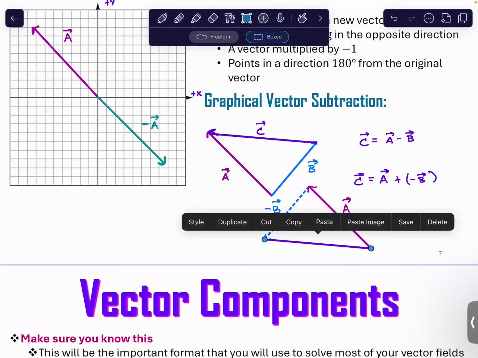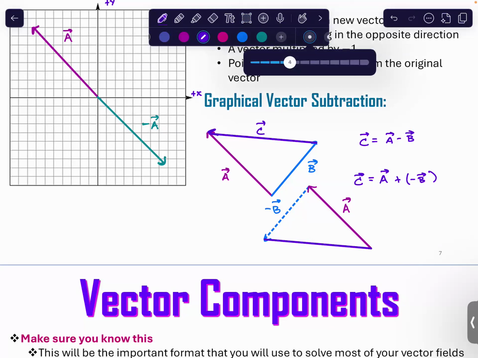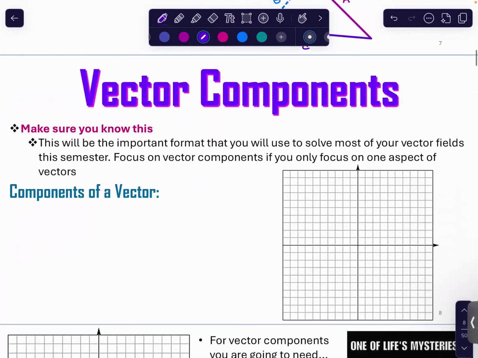And so now you see we've gone from the tail of the first vector to the head of the second vector, or the last vector, and that's going to be your vector C. So since we've gone from the tail of the first vector to the head of the last vector, this is now a vector addition, but it's A plus the negative B. That's a quick overview of how this looks graphically. What we're going to be worrying more about is vector components.